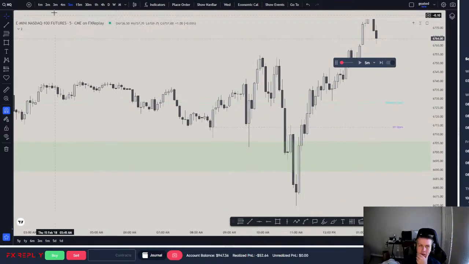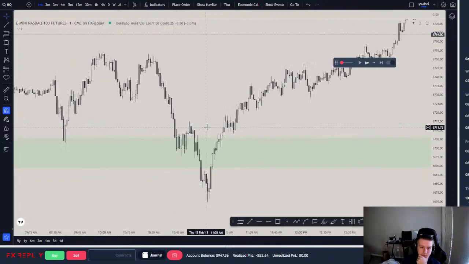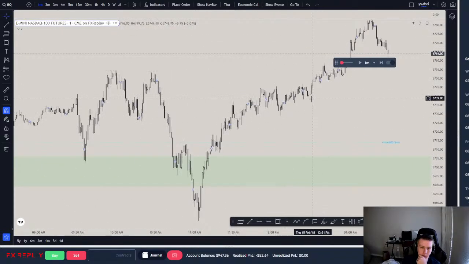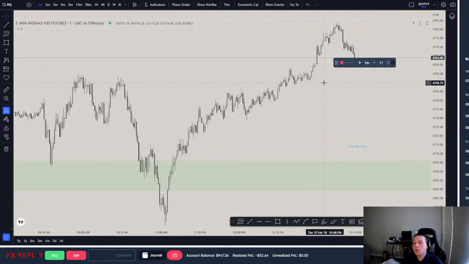Fair value gap in, fair value gap out. Breaker. Buy side.